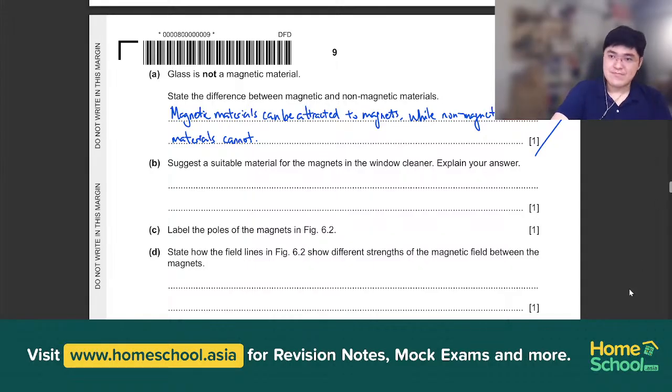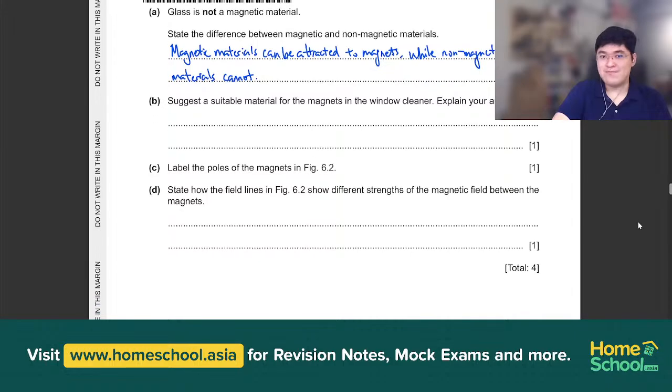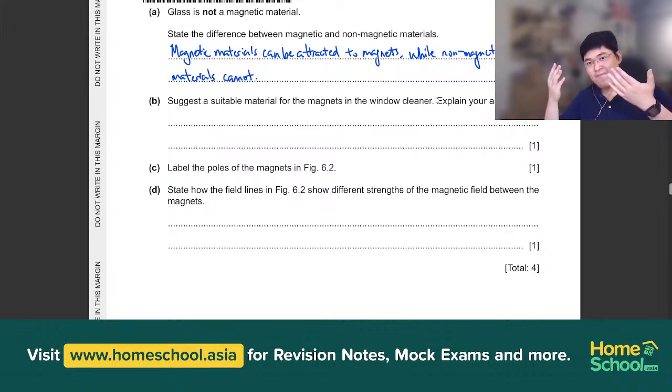Okay. Right, so now let's move to part B. So part B wants you to suggest a suitable material for magnets in the window cleaner, and we are to explain our answer. So the magnetic materials we do know are steel, iron, nickel, and I can't remember the last one, but basically most magnets that we know today, permanent magnets, right, are made up of steel, because steel doesn't lose its magnetism easily, right?